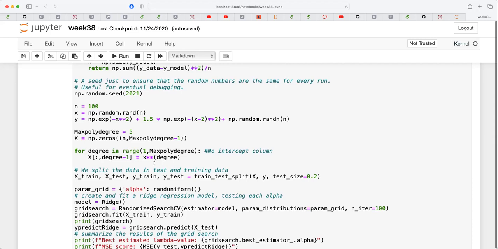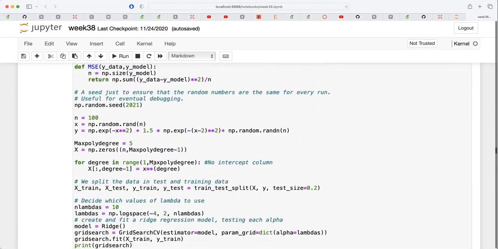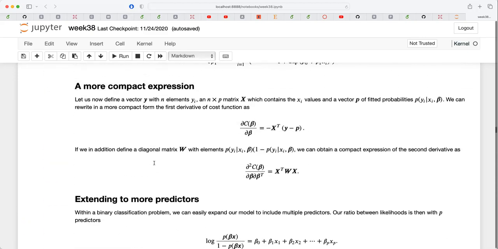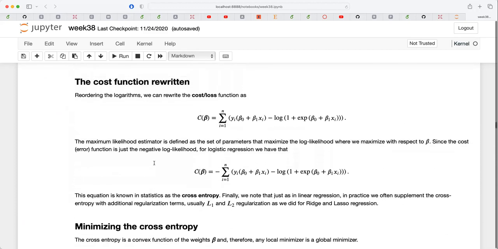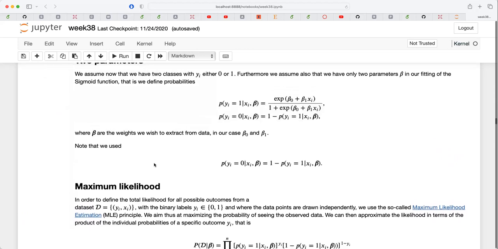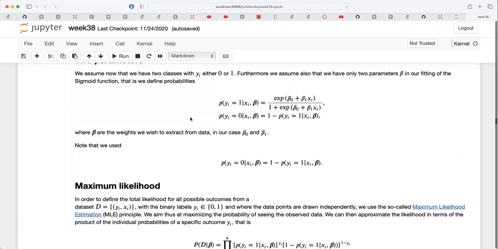So what we did yesterday was to derive the equations for logistic regression for a binary case. And you can extend that onto more classes. So let me quickly remind you of the basic steps which we implemented yesterday. We have two events only, true or false.